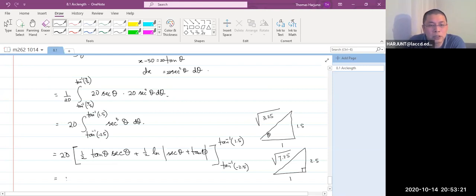So this is 10 times tangent theta, 10 times 1.5 times secant theta, that's the square root of 3.25, plus 10 times natural log of the square root of 3.25 plus 1.5.